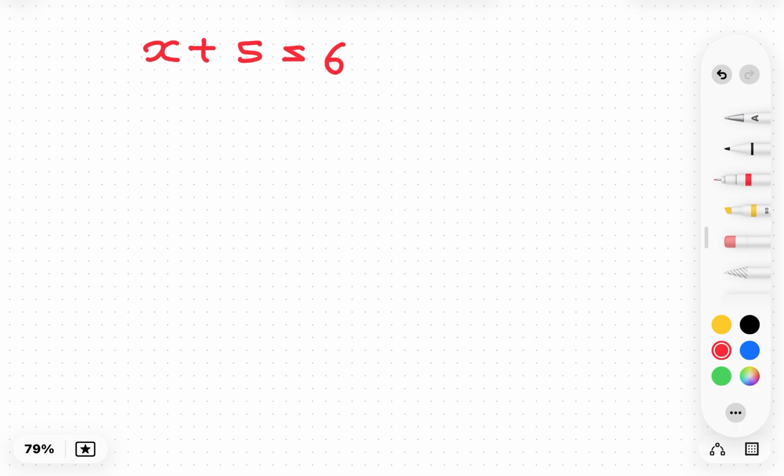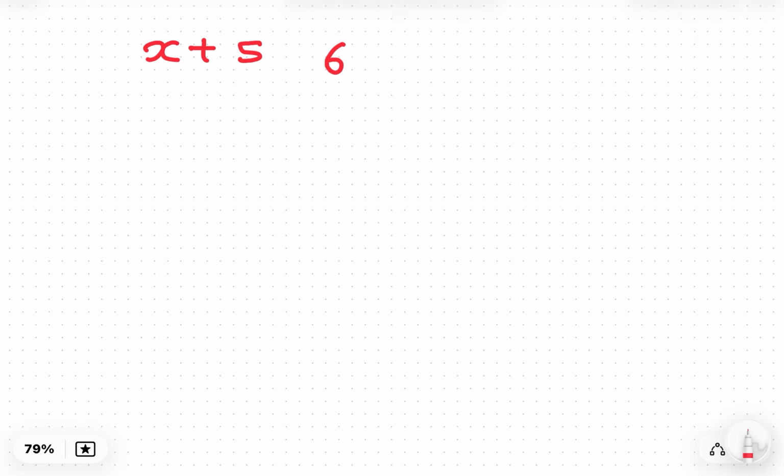So when we see any equation, let's say x plus 5 equals 6, your first target is to see which side is the algebraic side. We can see the left hand side is algebraic because we have x as the variable on that side. So first see what actions are already done with it. We can see 5 is already added to it. Now we need to subtract the same amount.